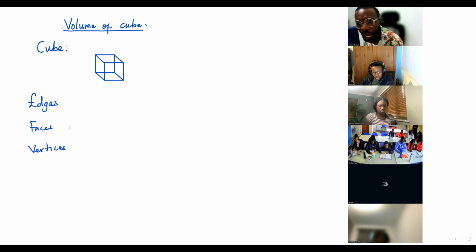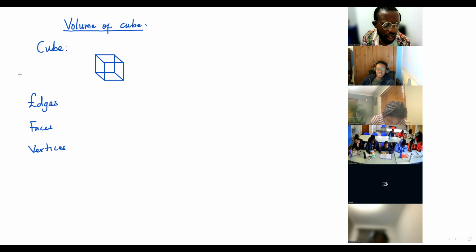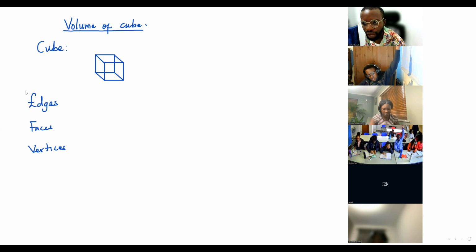Stop. How many edges on a cube? Who can answer this question? How many edges does a cube have?